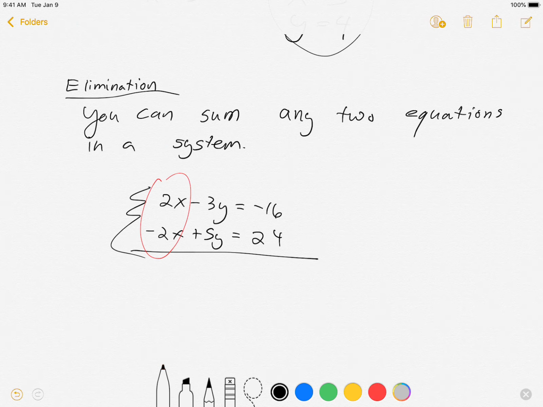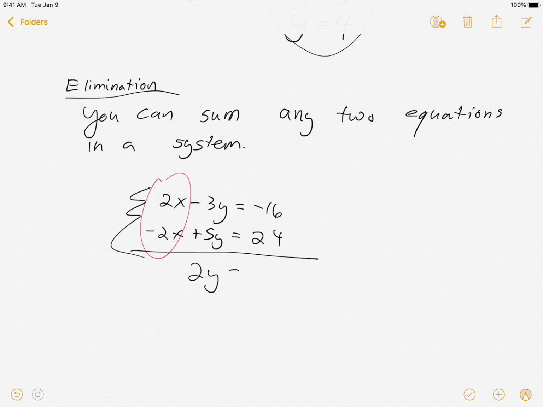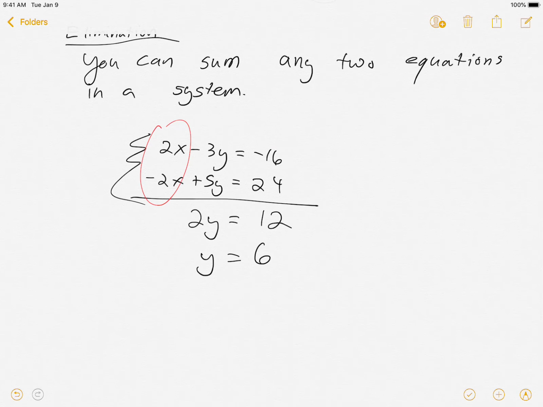So I end up with 2y equals 12, or y equals 6. Now to solve for x, I can plug it into any equation in this system. So I'll just pick the top one. So we have 2x minus 3 times 6 equals negative 16. So 2x minus 18 equals negative 16.